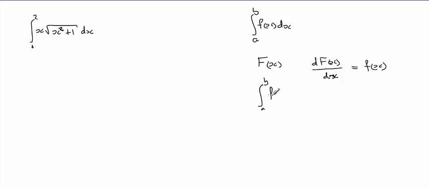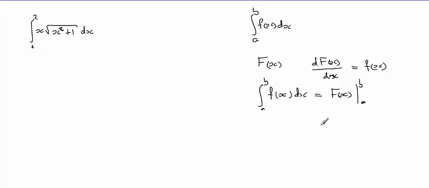So once we've determined this function, evaluating this integral is as follows: the integral from a to b of f of x dx equals capital F of x, which you write with a straight line and indicate that we are evaluating it between a and b.